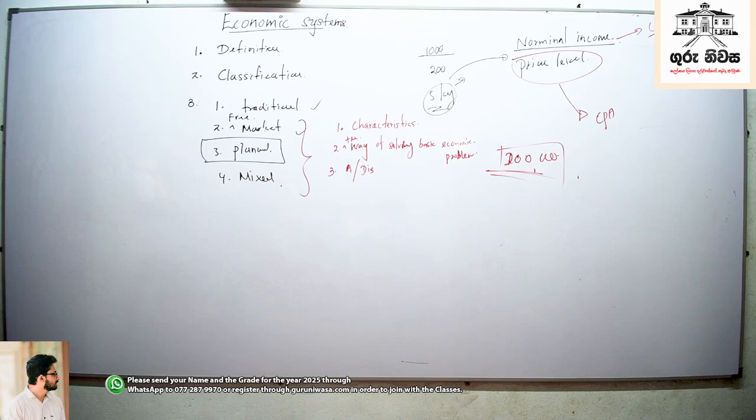Price is allocated by the producers. Price or resources? What do you want to say? It's okay. Price is not.